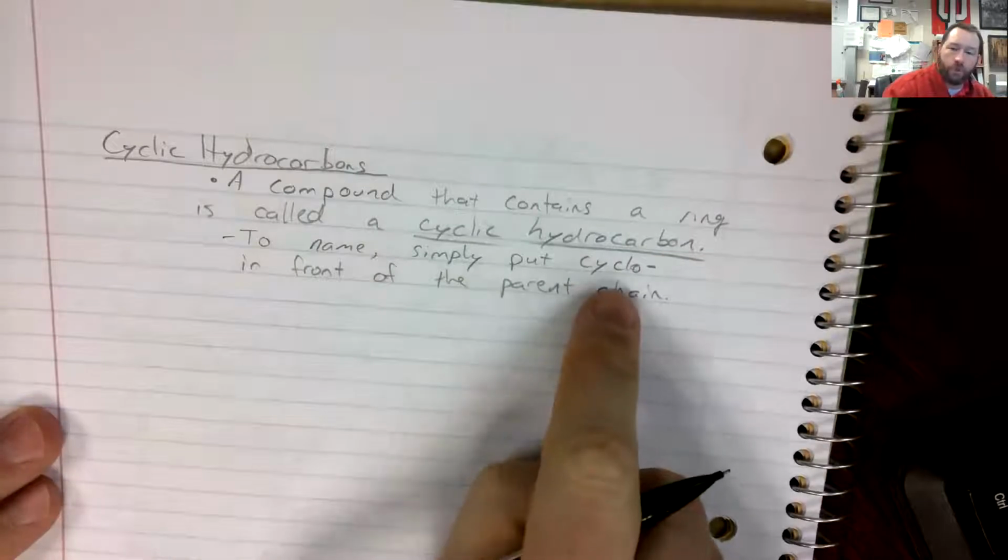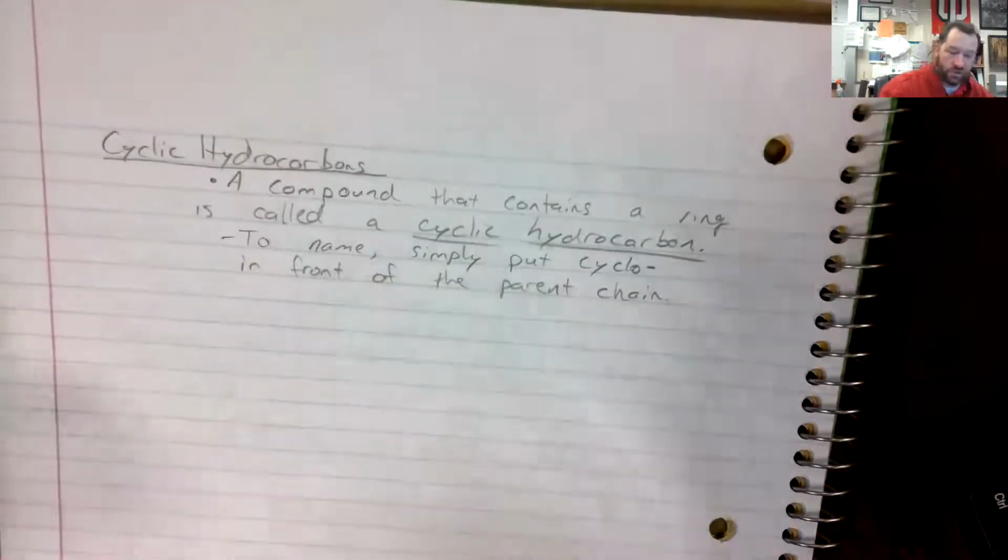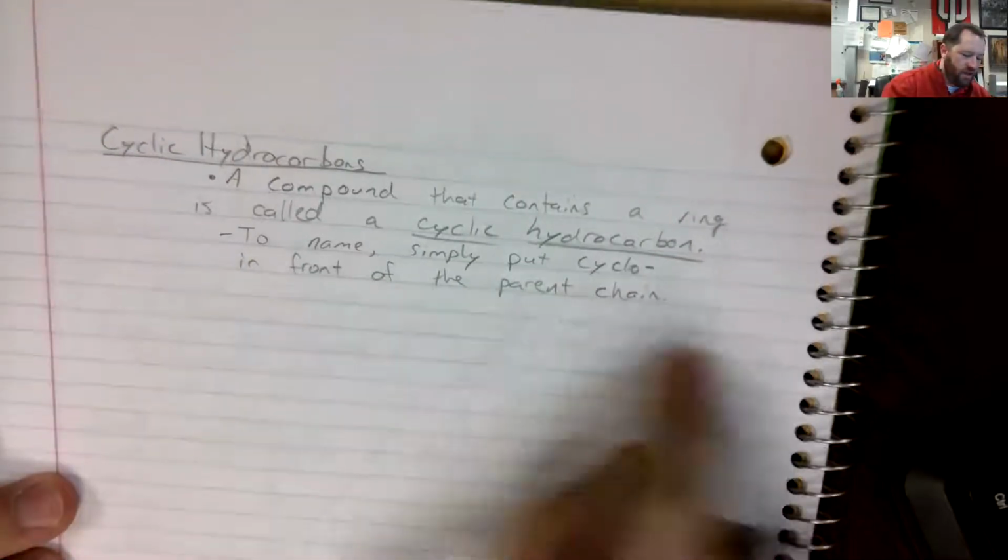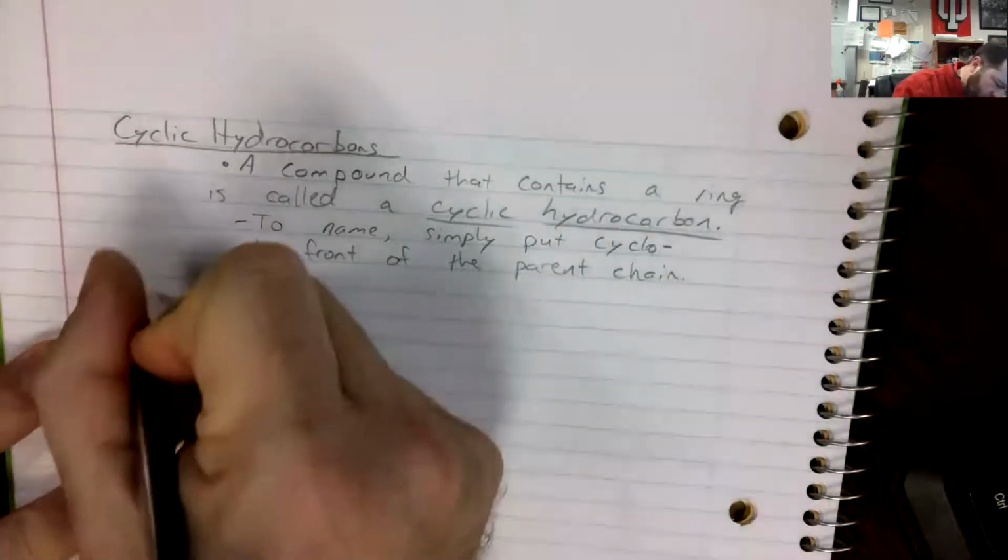We simply put the word cyclo, which sounds like a circle, so it should make sense, in front of the parent chain. Let's take a look at some examples.